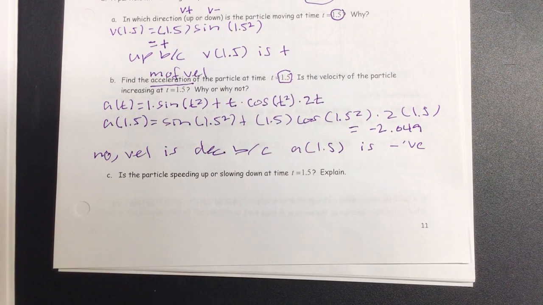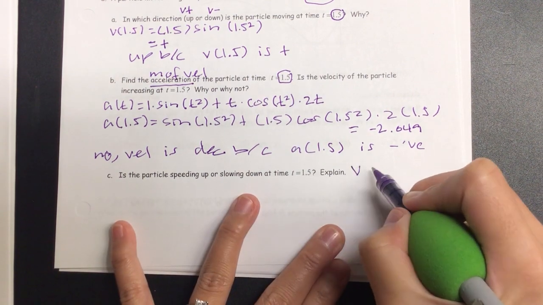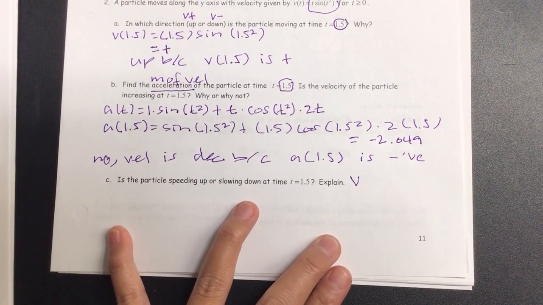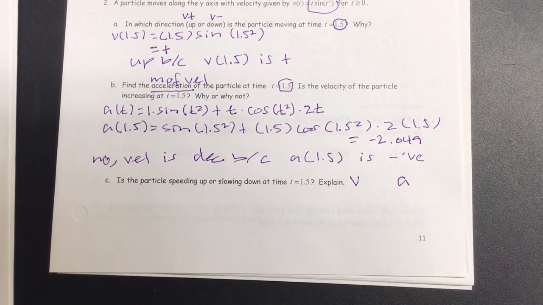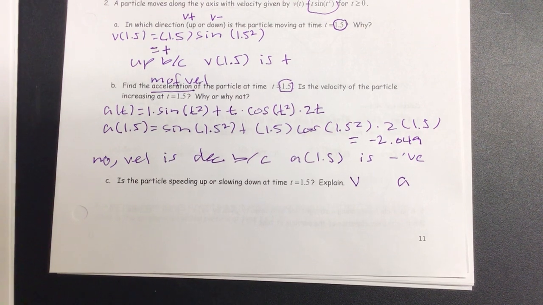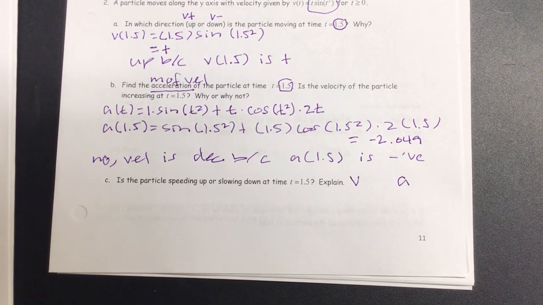All right, Luke, let's read part C. Is the particle speeding up or slowing down at time t equals 1.5? Okay, at time t equals 1.5, so we know our velocity was something and acceleration was something. In this piece, I didn't really teach you guys yet, but I'm going to go ahead and kind of give you the information.